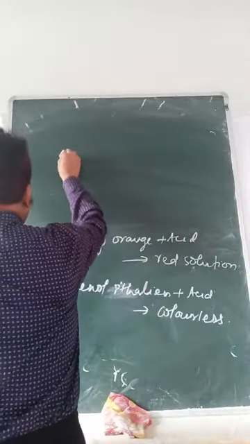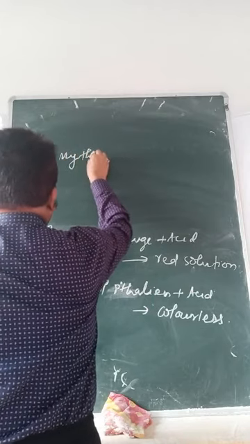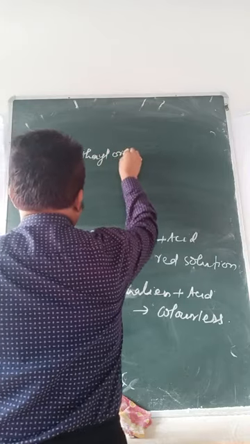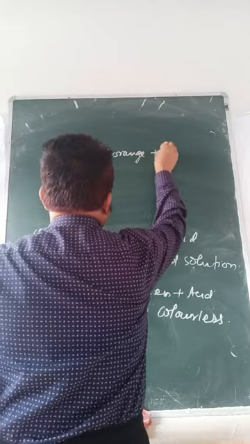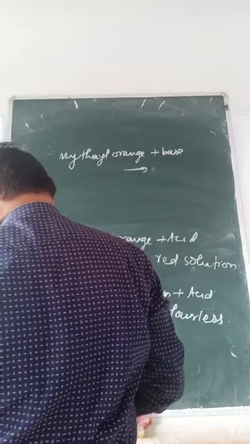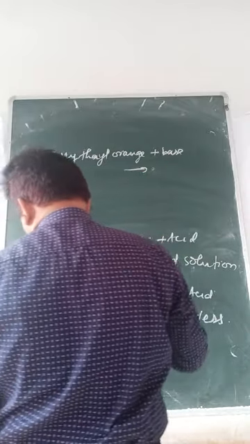Methyl orange with base gives yellow color.